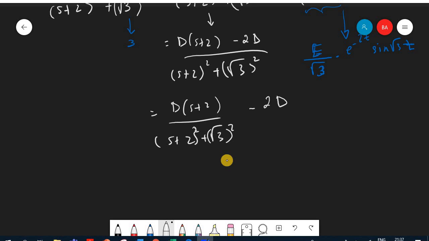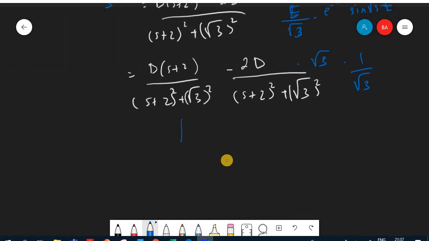Whereas the second part now became like a sine thing. What I need to do is multiply by square root of 3. Again, the same story, and divide by square root of 3.